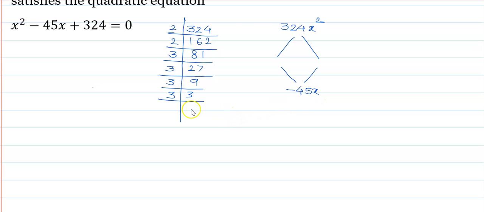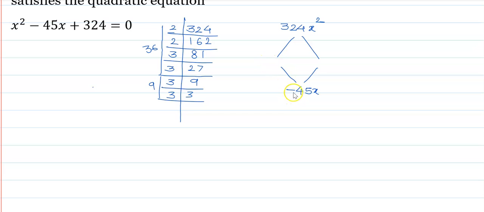Now find the two numbers: 2 into 2 is 4, 4 into 3 is 12, 12 into 3 is 36. If we take here 36, and again 3 into 3, it's 9. 36 plus 9 is 45, and 36 into 9 is 324.